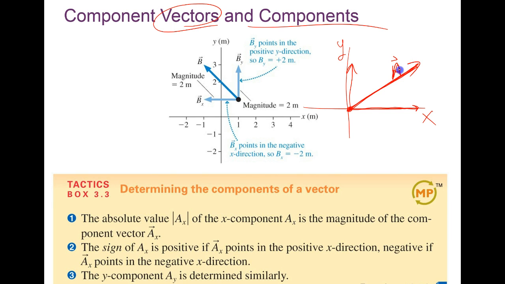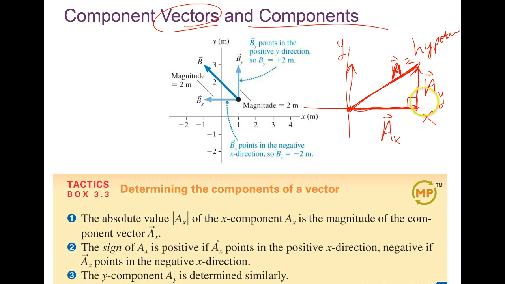Once you can think of the original vector as somebody's hypotenuse, sorry, don't have enough room for that, then you can think about this as a right triangle, and the distance along the x-axis will be the AX, and the distance along the y-axis, or parallel to the y-axis, would be the AY component.